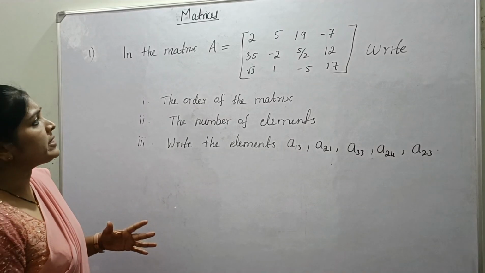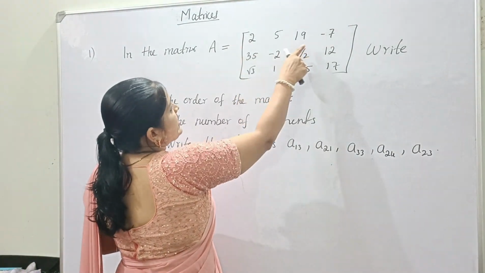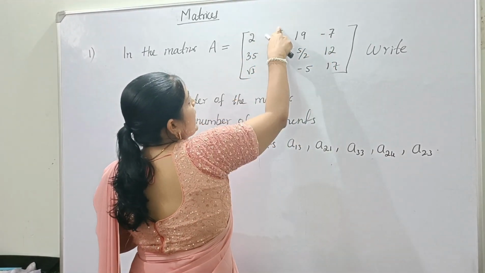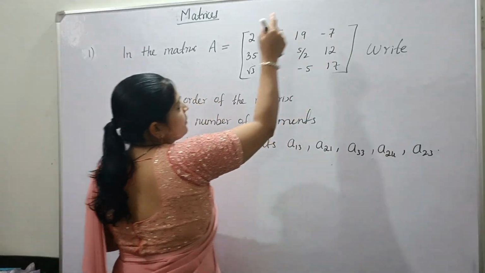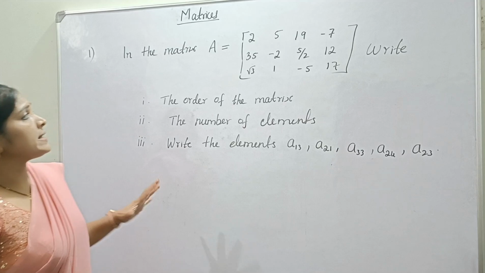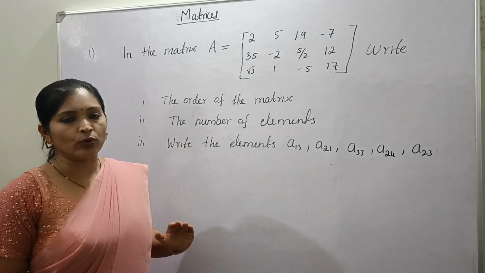So here the given matrix A is a matrix of order, see, this matrix has 3 rows and 4 columns. First column, second column, third column, fourth column. First row, second row, third row. So this matrix A is a matrix of order 3 by 4.